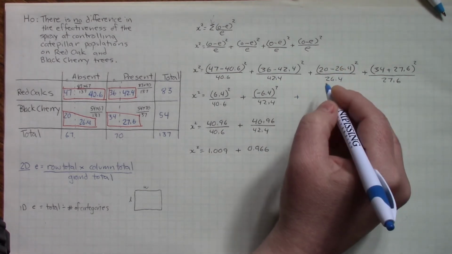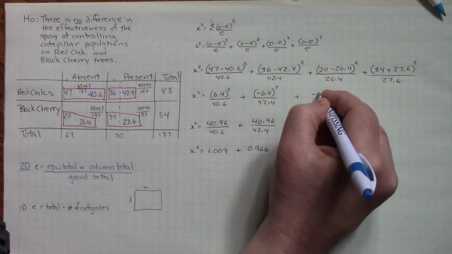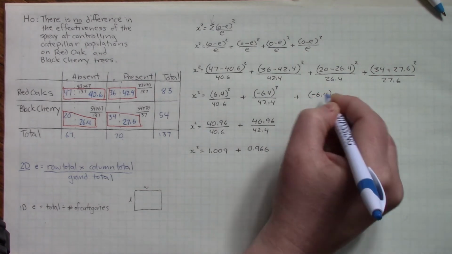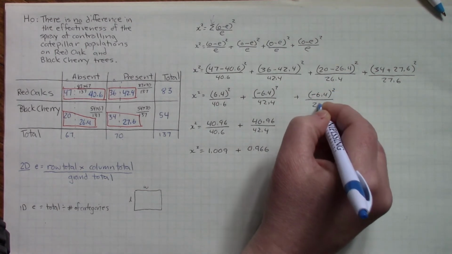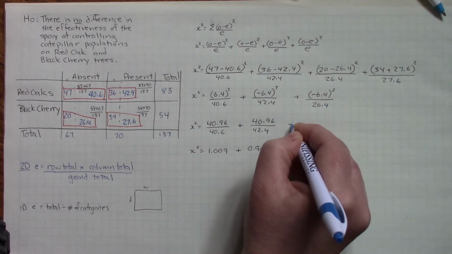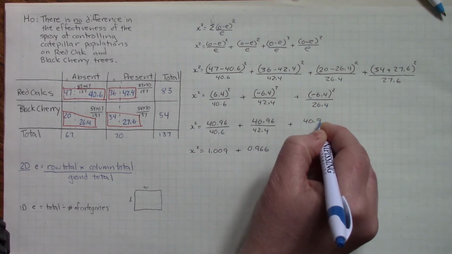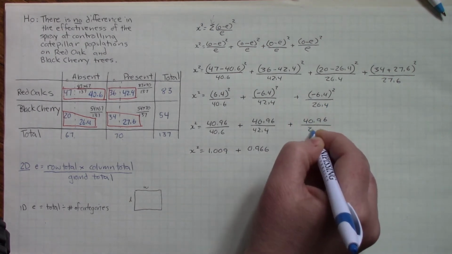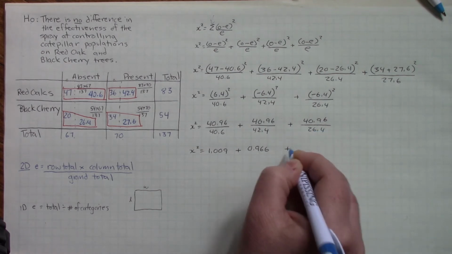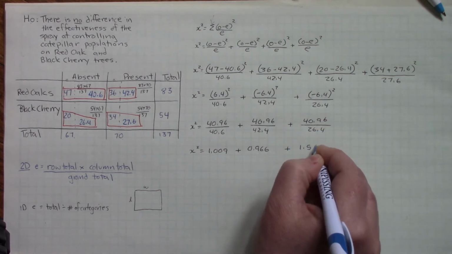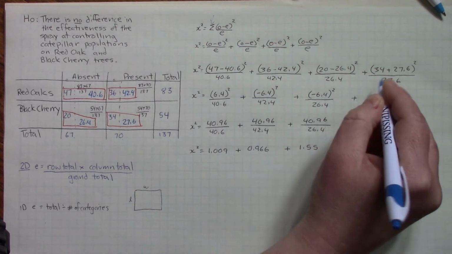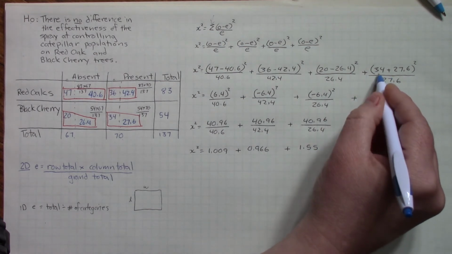Again, these positive negative pairs in our numerators are very common. 20 minus 26.4 is another 6.4, not surprising. And I bet you anything this is also 6.4.